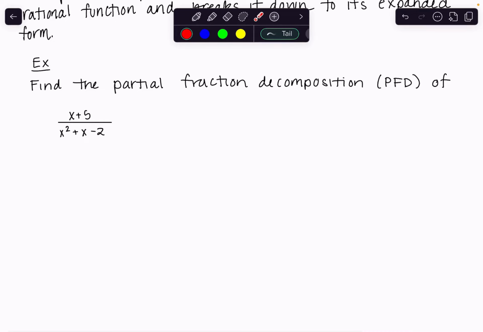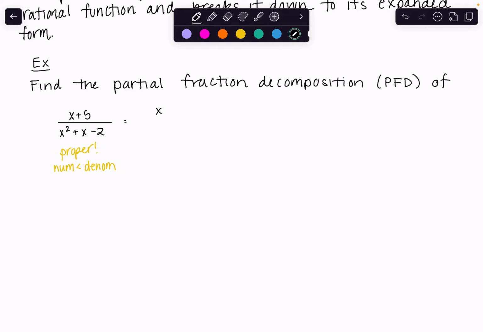The degree of my numerator is 1. The degree of my denominator is 2. So the degree of the numerator is less than the degree of the denominator. So this is good. This is proper. If they are the same degree, that is not proper. You have to go through division to turn it into proper.